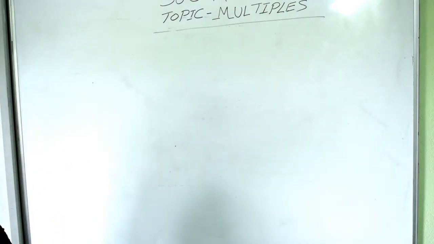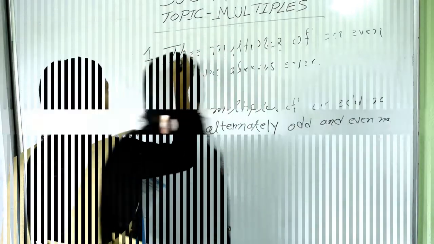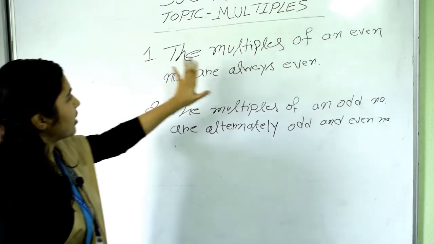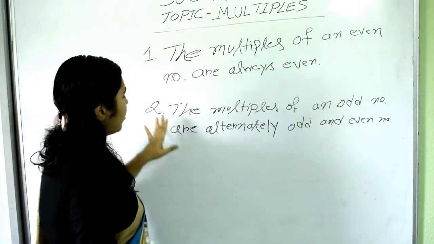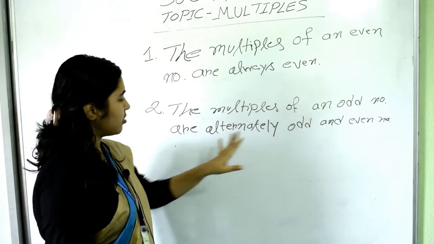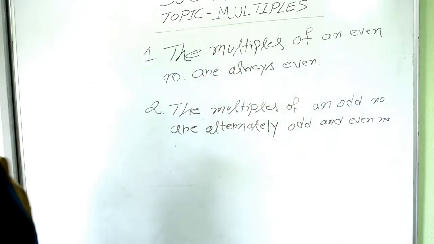So note these two things: the multiples of an even number are always even, but the multiples of an odd number are alternately odd and even.